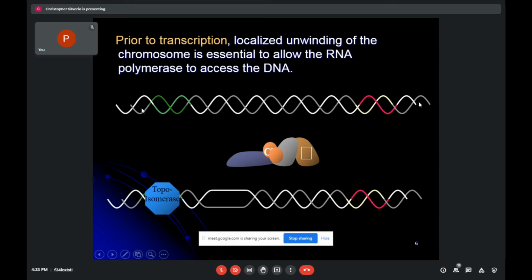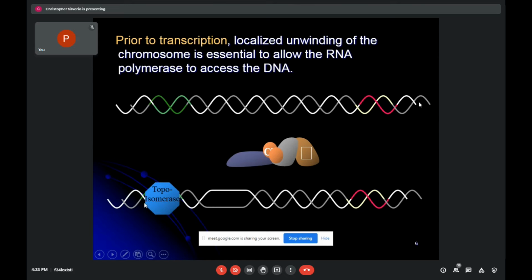Okay? As I told you during the replication of the DNA, prior to the transcription process, prior to the binding of the RNA polymerase into the DNA, it has to be unwound. The double-stranded DNA shall be unwound.